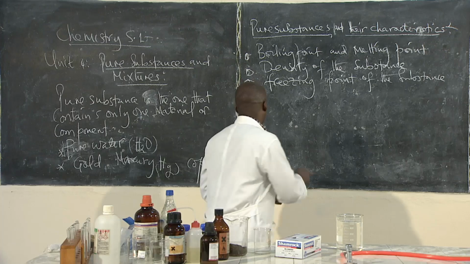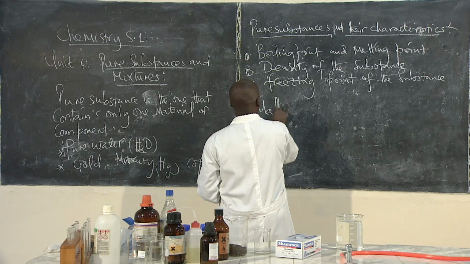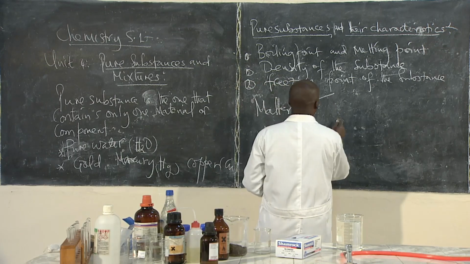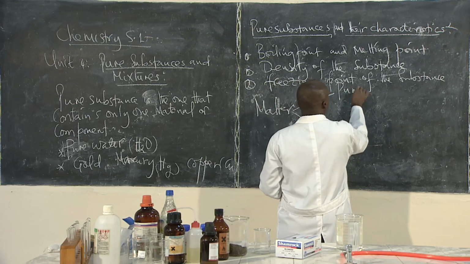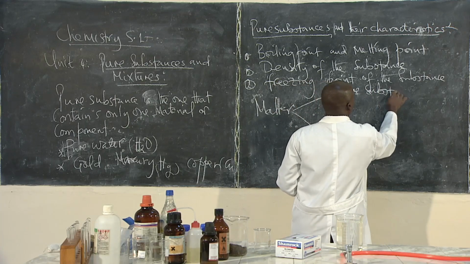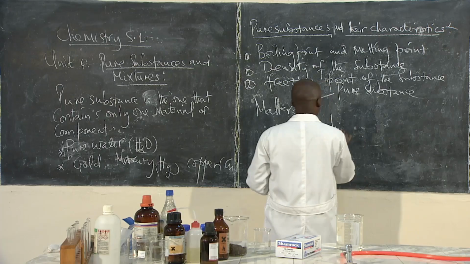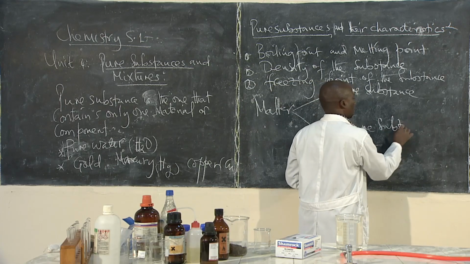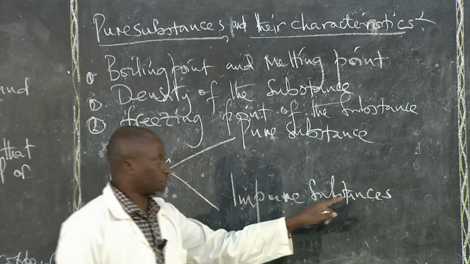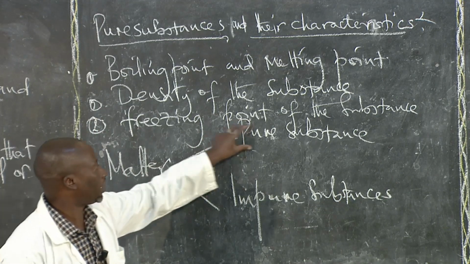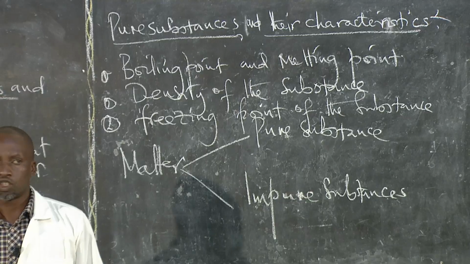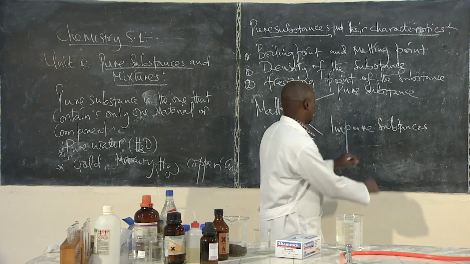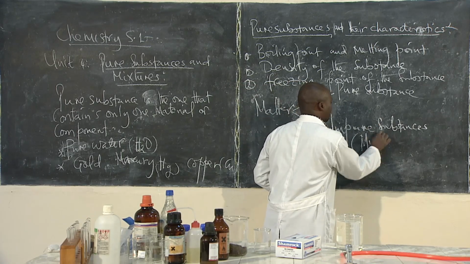That is, matter can be divided into pure substances or impure substances. We have mentioned already the pure substances. These impure substances are called mixtures.